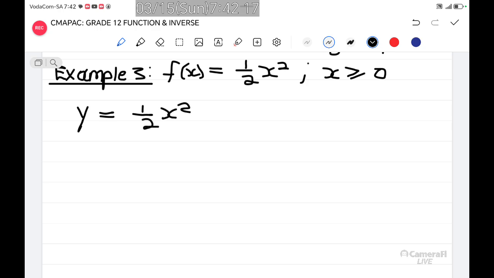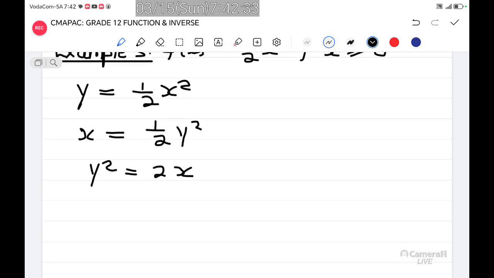First, you interchange x and y. X is equal to 1 over 2 to the power y squared. You cross multiply, you end up having y squared equal to 2x. Take the square root of both sides. Y is equal to plus or minus the square root of 2x.